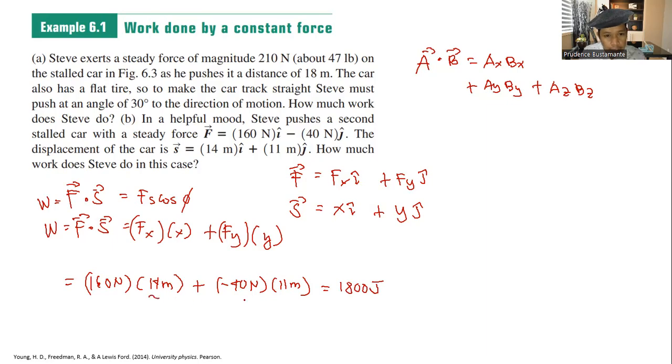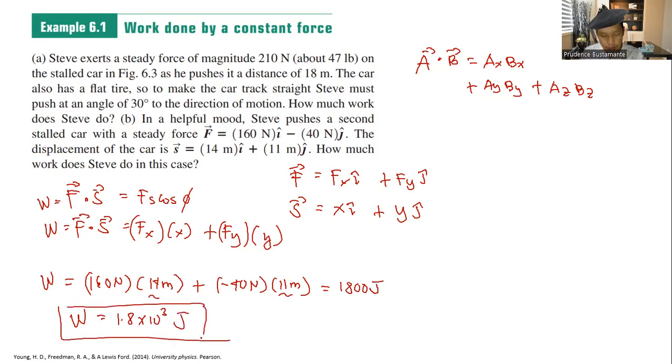If your instructor asks you to follow the rules of significant figures, your work must be in two significant figures, which is 1.8 times 10 to the 3 joules. So that is our answer for letter B, work done by a constant force.